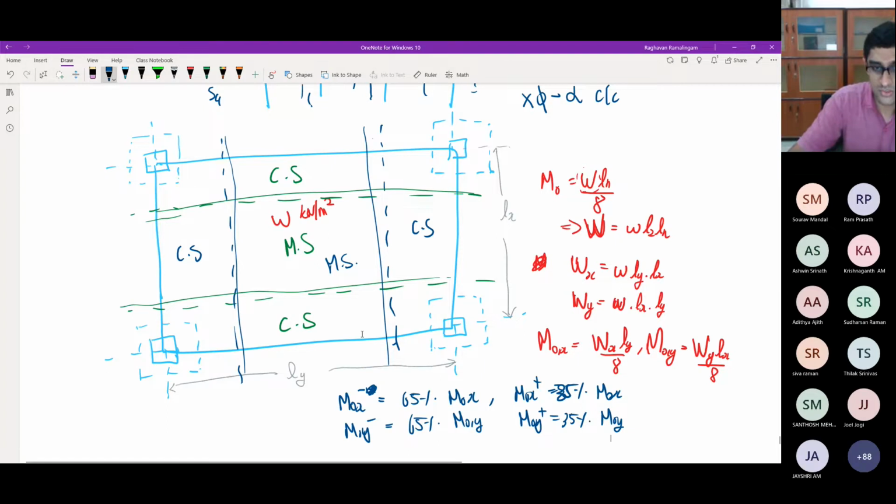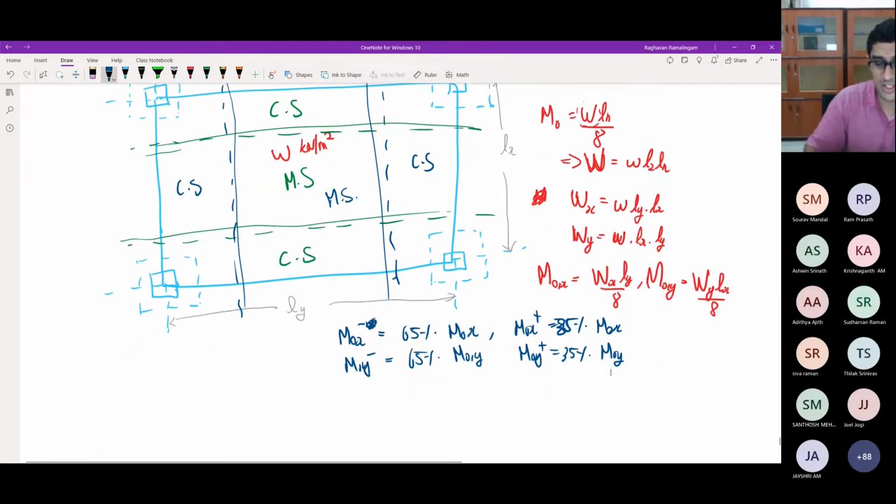Once you find this, if I want to find how much moment in the column strip is present for the y direction, when I look at the code book, it gives me the answer that for negative moment, the column strip is 75%.